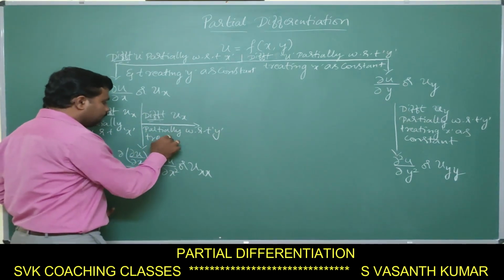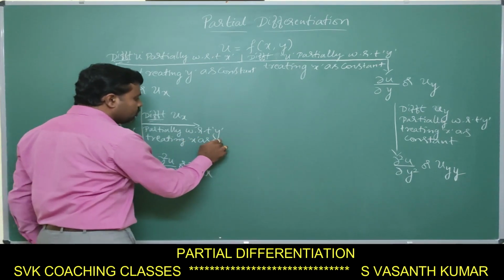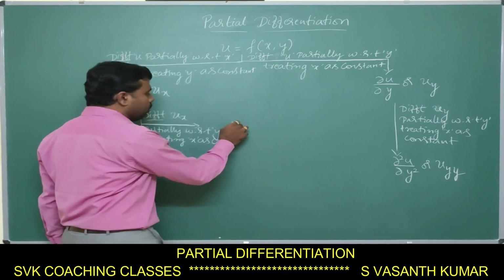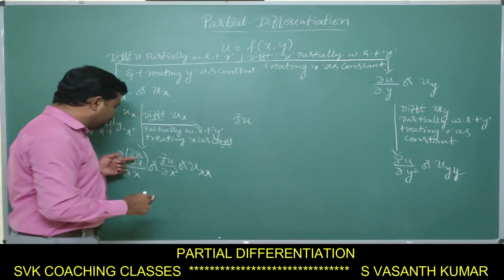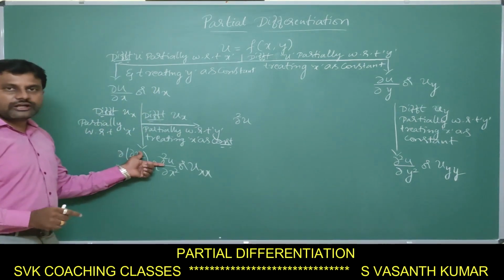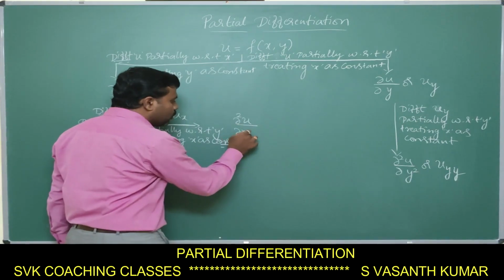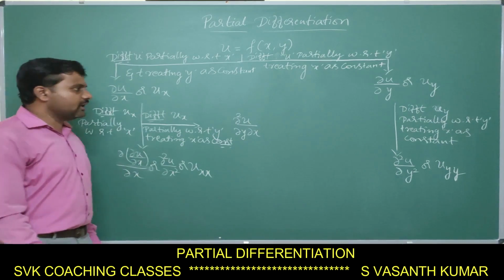So what am I going to get here? It is del square u by del y del x.